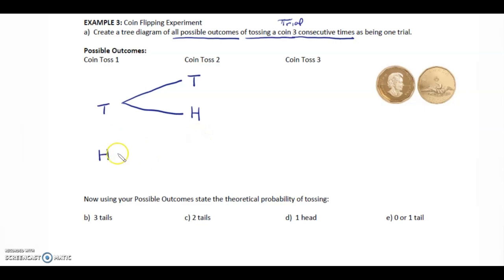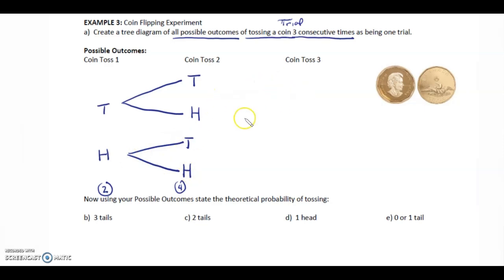Okay. And after tossing a head, you can get a tail, and after tossing a head, you can also get a head. Okay, so there's 2 possible outcomes if you're tossing a coin once. There's 4 possible outcomes if you're tossing a coin twice. Tail, tail, tail, head, head, tail, head, head.